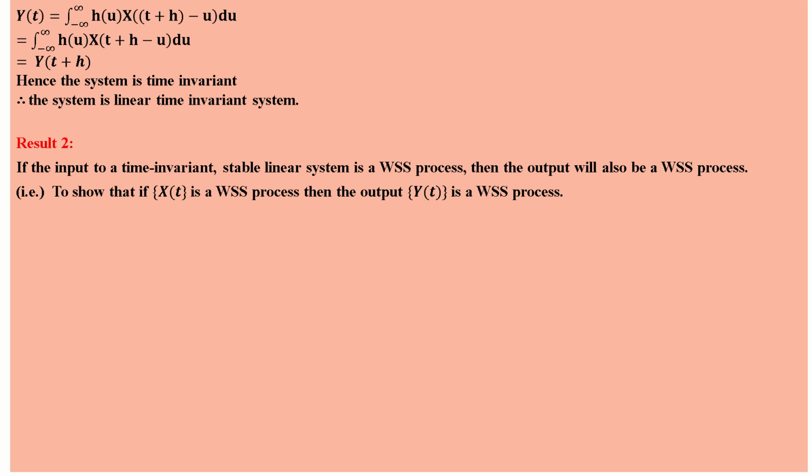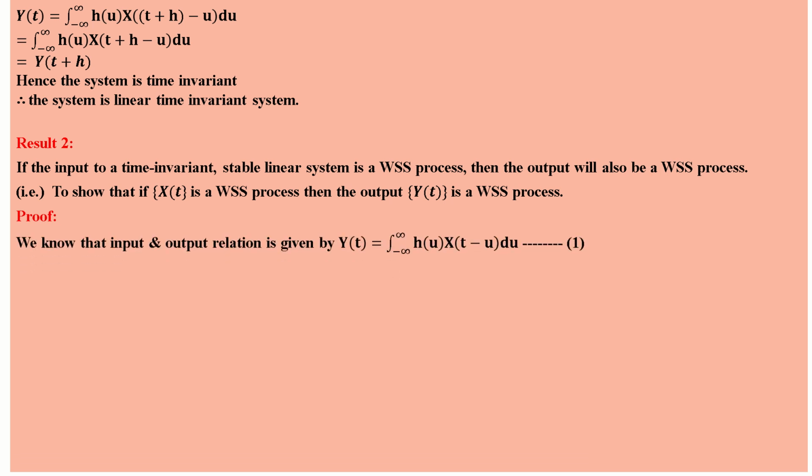To show that if x of t is a WSS process, then the output y of t is a WSS process. Right? We know that the input and output relation is given by y of t is equal to integral minus infinite to plus infinite h of u x of t minus u du. That is equation number 1.